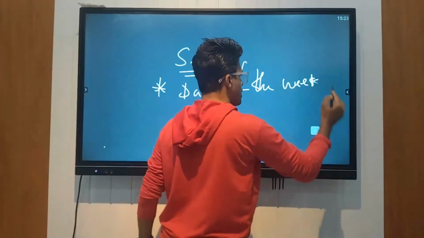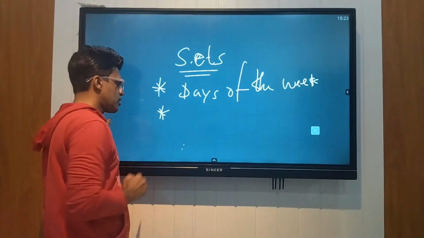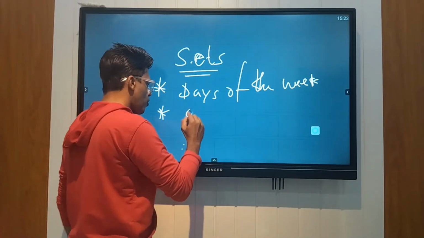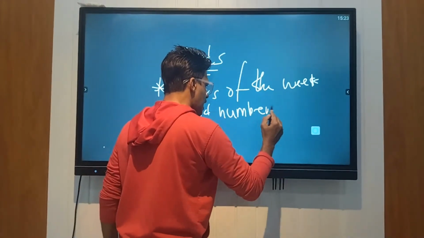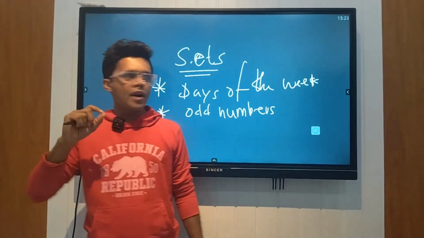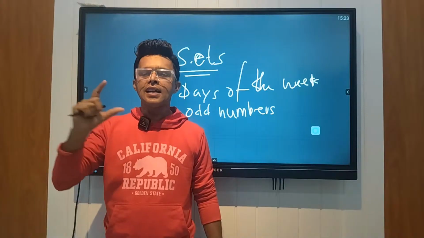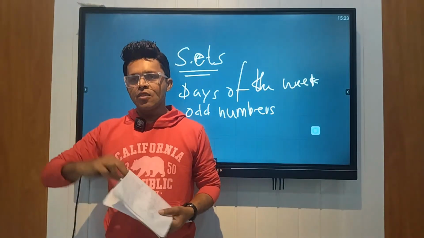Also birds, prime numbers, odd numbers and so on can be identified clearly.